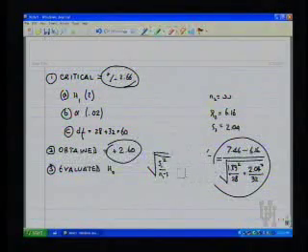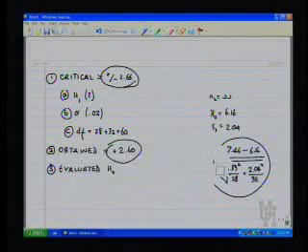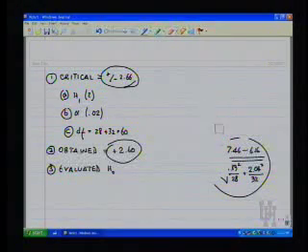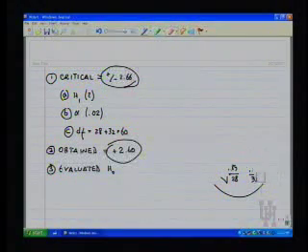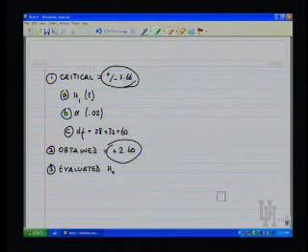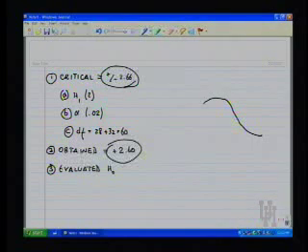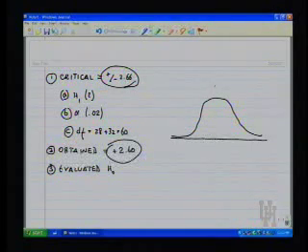Let's get rid of all of this. We have a sampling distribution of sample mean differences.